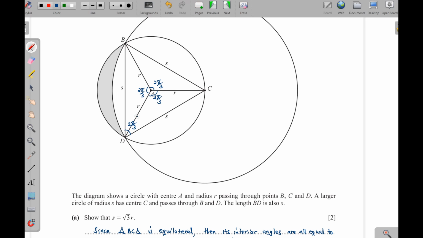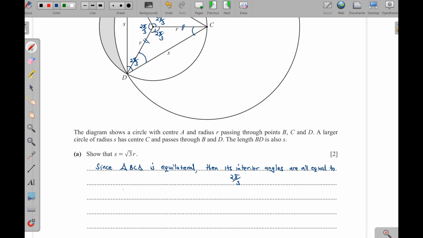Now, we need to get this angle here, which has to be the same as this angle, because this one is the same as this. It's an isosceles triangle. Now, angle ADC is equal to angle ACD, which will be pi minus 2 pi over 3, because angles in a triangle sum up to 180 degrees, which is pi.